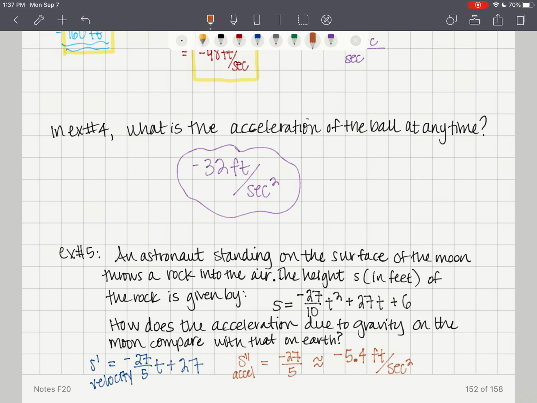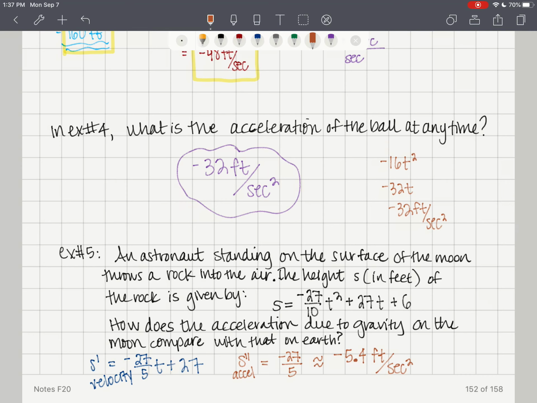So let's think about this. On the Earth, we've got negative 16t squared, and then the negative 32t, and then the second derivative is negative 32 feet per second squared. That's our acceleration on the Earth due to gravity. Negative 5.4, much less.